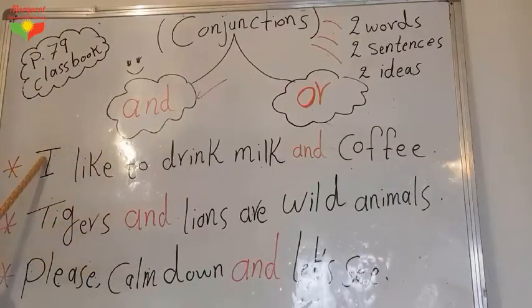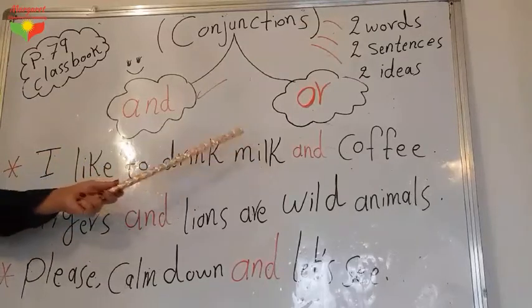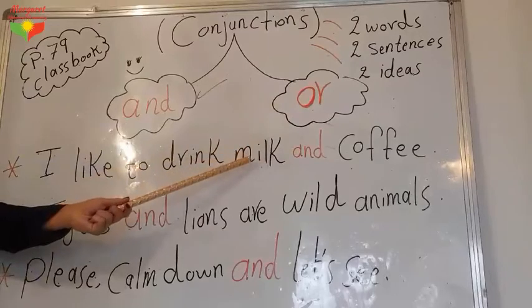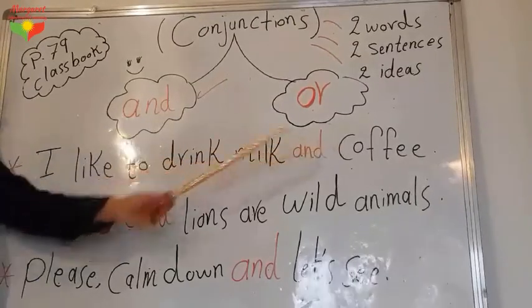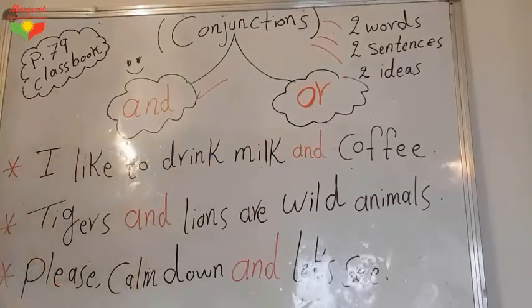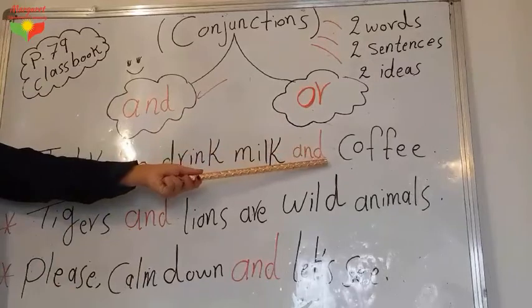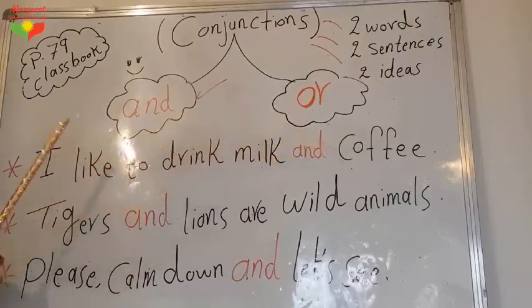The first sentence is, I like to drink milk and coffee. So we have "and", one of the conjunctions. It combines milk and coffee, these two nouns together, because milk is a noun and coffee is also a noun.